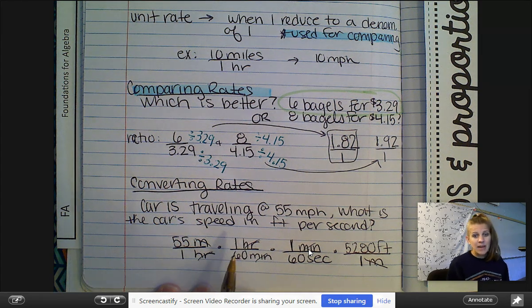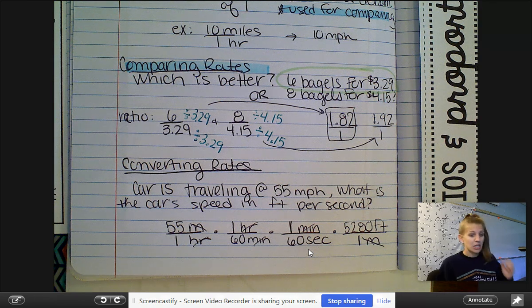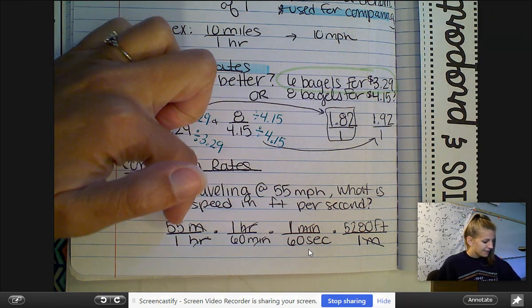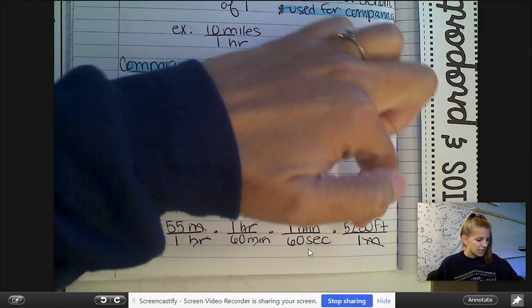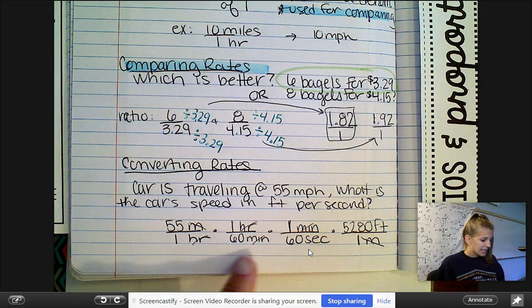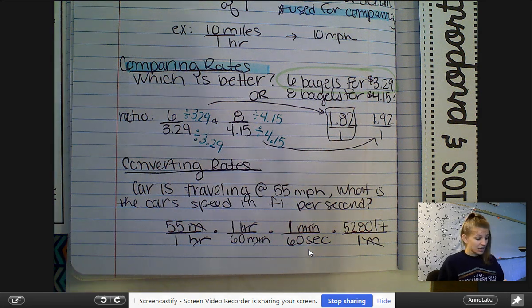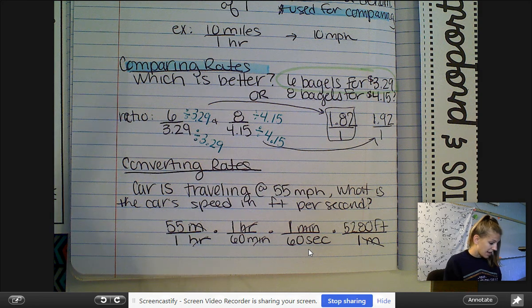Now, the ones don't really matter, and we're really just multiplying a bunch of numbers in a numerator and a bunch of numbers in the denominator. So I'm going to do like 55 times 1 times 1 times 5,280. Then I'm going to divide by 60 times 60, which is 3,600, and I also didn't do that yet. So I have to use a calculator on this. I'm just not that good.